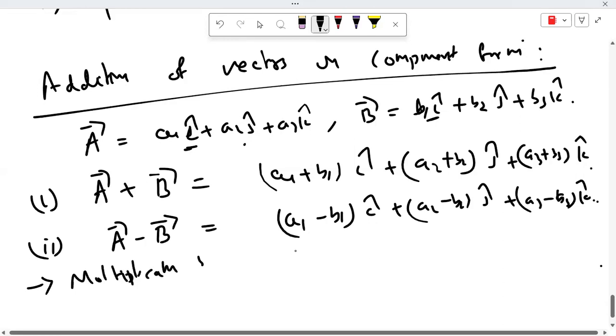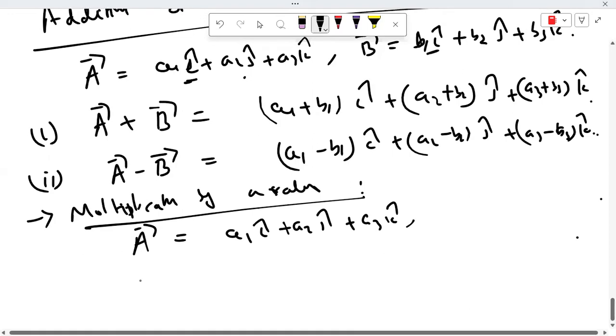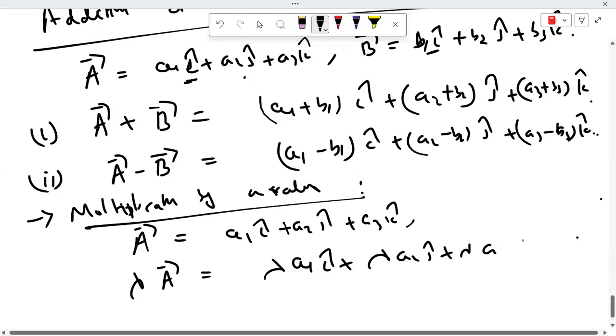Multiplication by a scalar. If there is a vector A1 I cap plus A2 j cap plus A3 k cap and a scalar lambda, and you find lambda times the vector, it will simply be lambda A1 I cap plus lambda A2 j cap plus lambda A3 k cap.